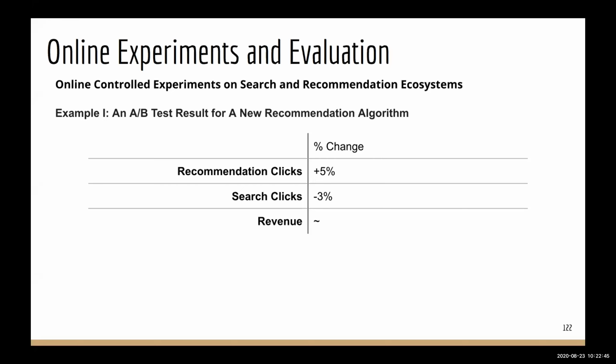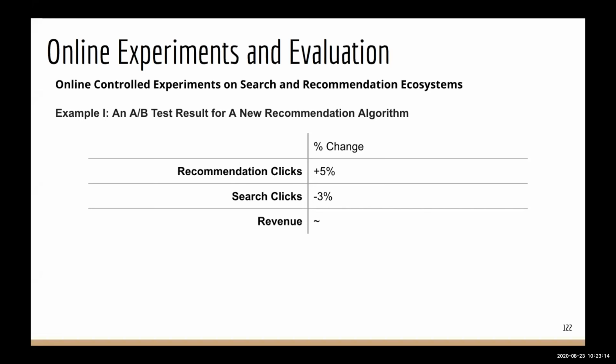Remember, there are different modules, and what we care about is session-based revenue, or let's say conversion rate, but let's say revenue as a representation of the metric. In this particular case, we launched a new algorithm for a particular recommendation module. And from that one module, we see 5% more clicks in the treatment group versus control.